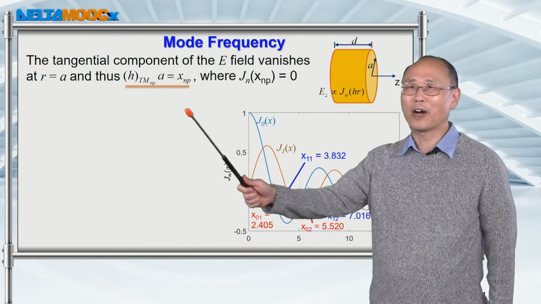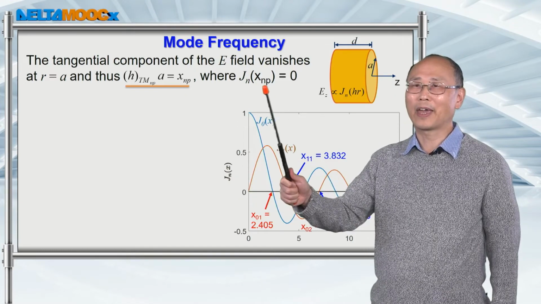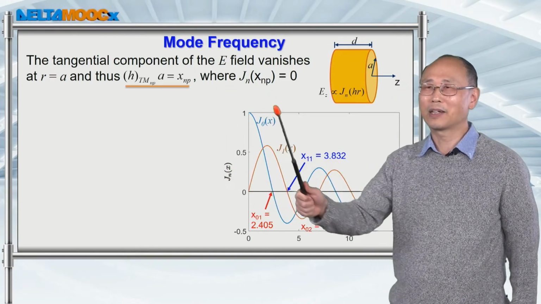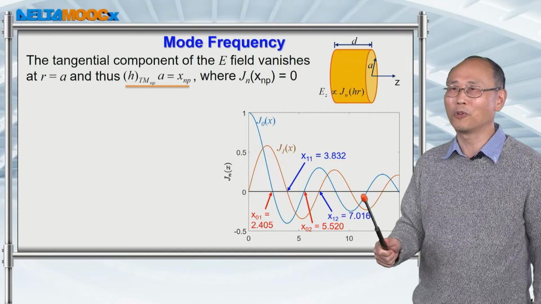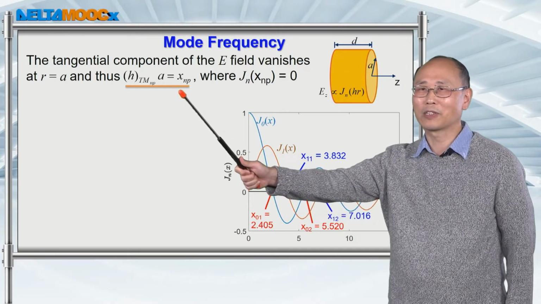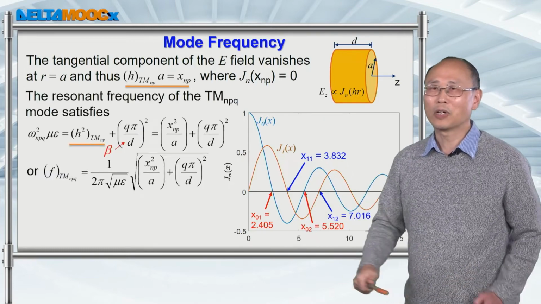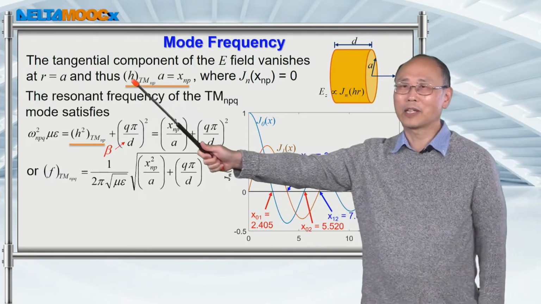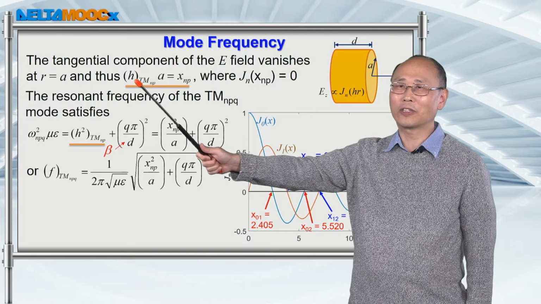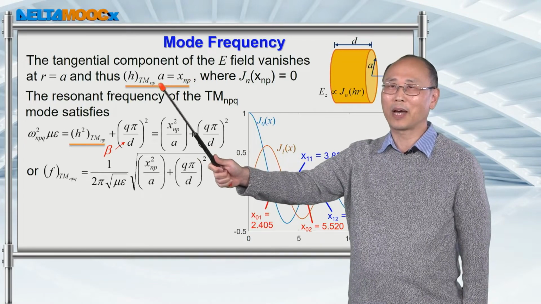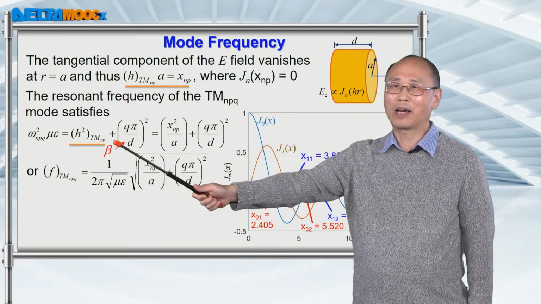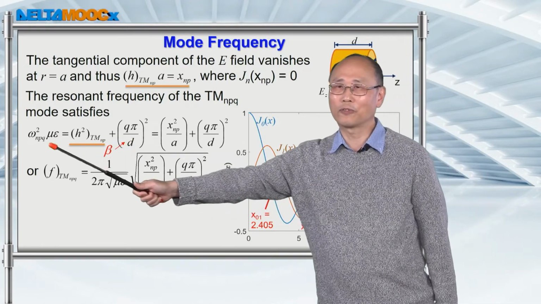So if you specify the more number of n, then you can match the boundary condition to those zero points by specifying this condition. So once you calculate this eigenvalue along the r direction, h equal to x_np divided by a, then you can calculate the resonant frequency.